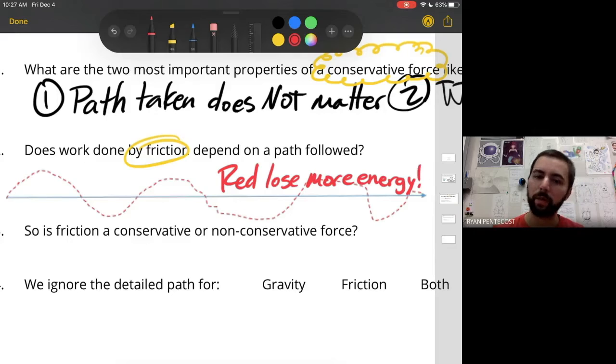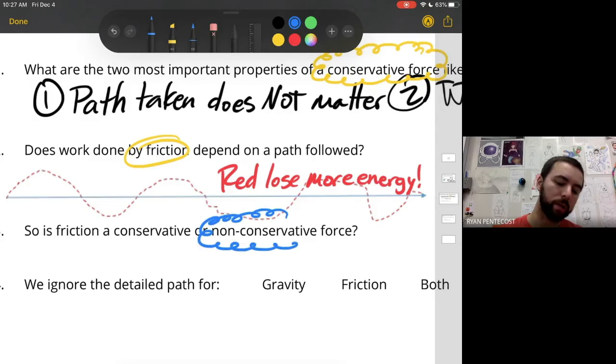But how does that make sense? Because we just said that the path taken doesn't matter. Well, that is because friction is non-conservative. It is not going to conserve energy. So if you think about friction, friction cares very much about the path you take.